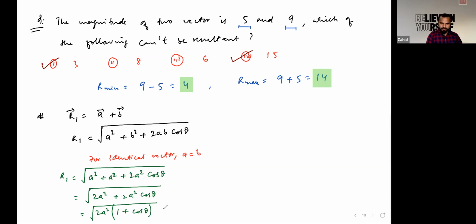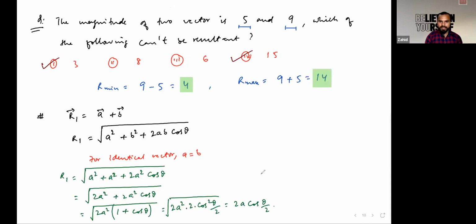So this whole term will become root of 2 times A square times 2 times cos square theta by 2. So 2 and 2, 4. On taking the square root, it will be 2. A square on taking the square root will be A, and cos square theta by 2 on taking the square root will be cos theta by 2. So you will get 2 times A cos theta by 2 as your final result. I'm explaining how you get from this part to this part.